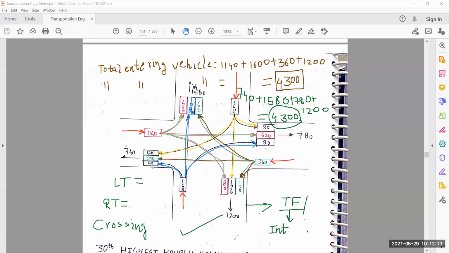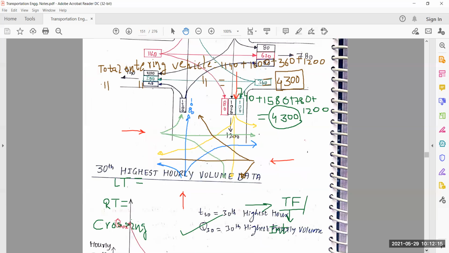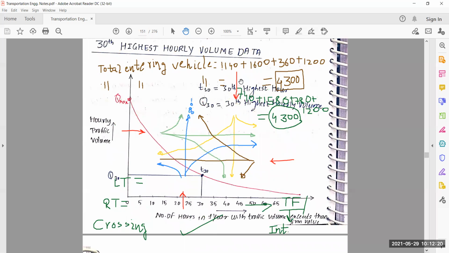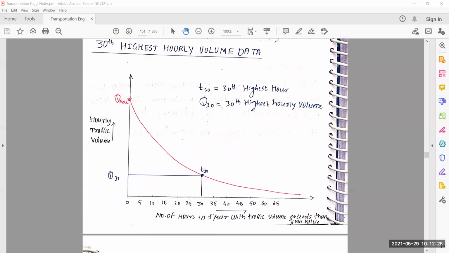Okay, now move towards the next method to represent traffic volume. The next method is the 30th highest hourly volume data.